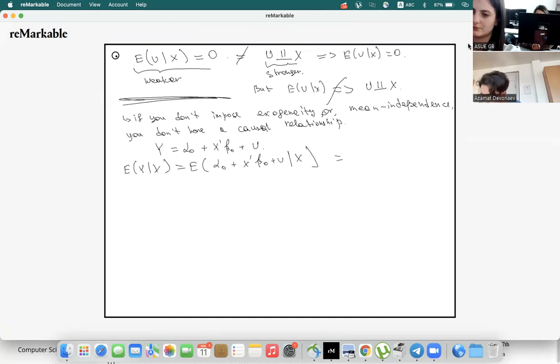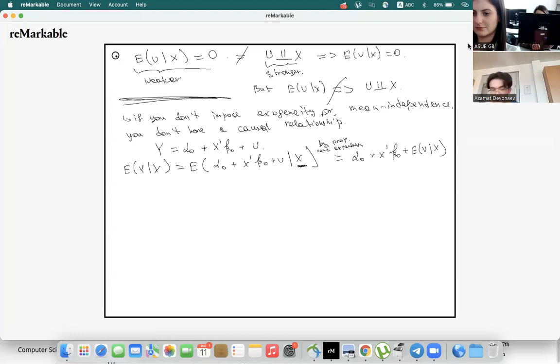And what you can see, by properties of the conditional expectation, is that when you condition on x, this thing is known, so it can be taken out of the expectation. So what you have is alpha 0 plus x prime beta 0 plus the expectation of u given x, but we don't know anything about this one.